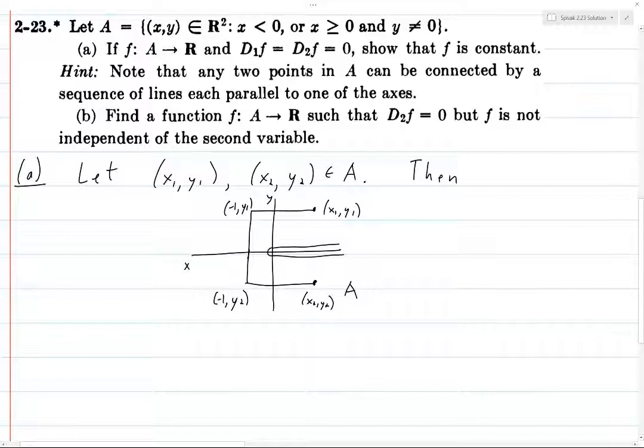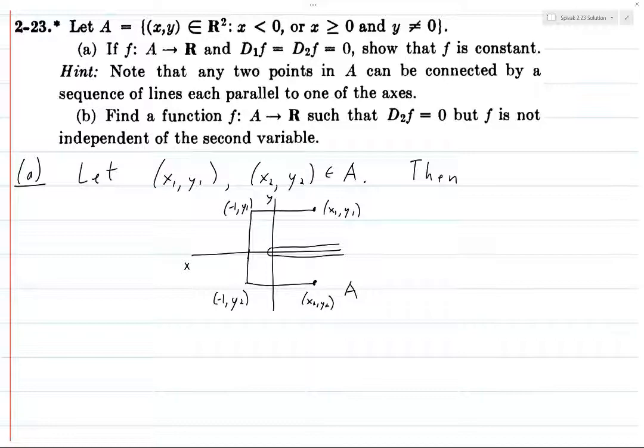But anyways, I don't want to go on too much of a tangent here. It's pretty straightforward to see that you can always draw these lines and you're never going to cross over A. In order to leave A, the line from (-1, y1) to (-1, y2) would have to cross over A, and that can't happen because -1 is less than 0.